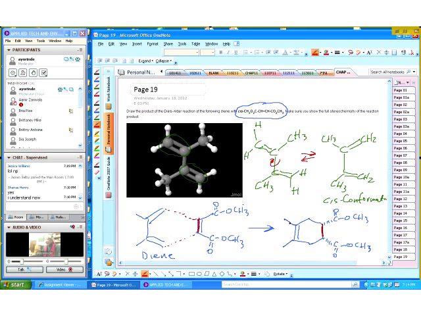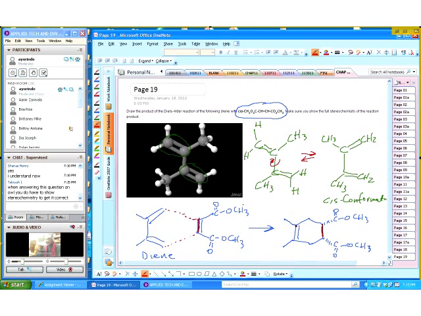You do not need to show a wedge or dotted line convention to represent each one of these methyl groups. No, in this particular instance, you do not. For the carbon-carbon double bond, all you need to do is simply write the molecule as we have it here. You don't need to show a wedge and dotted line.